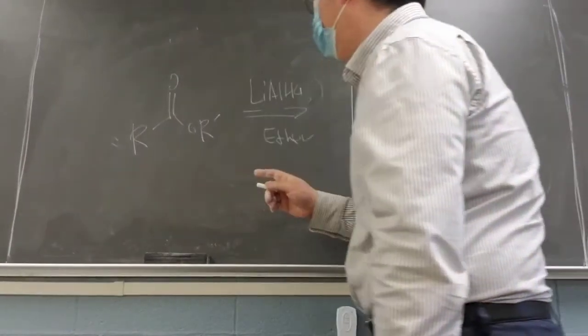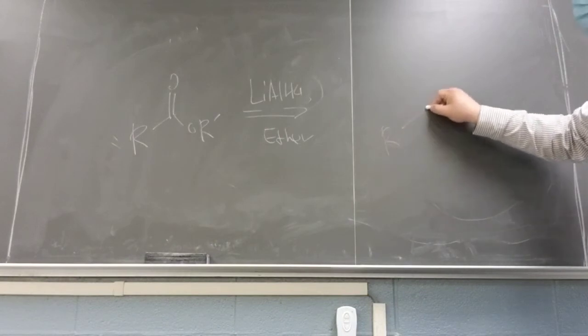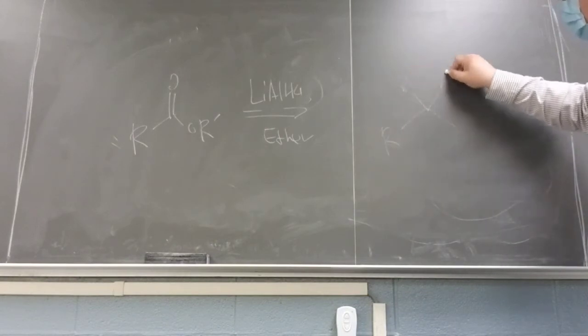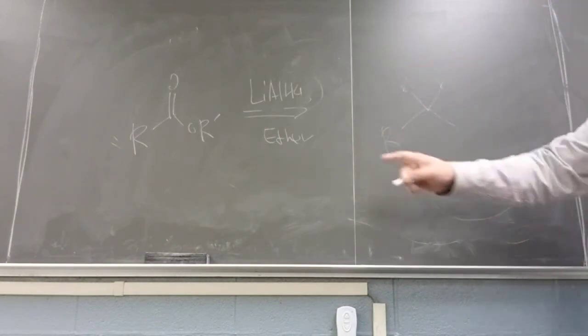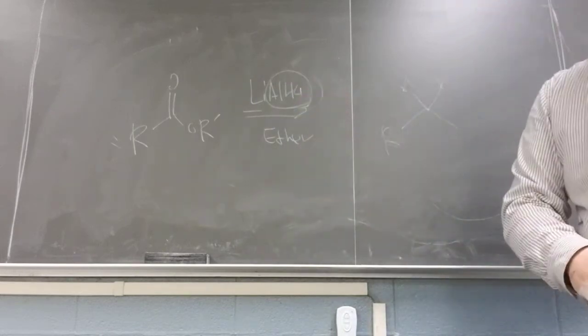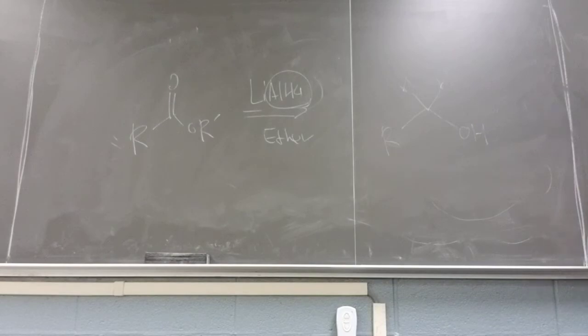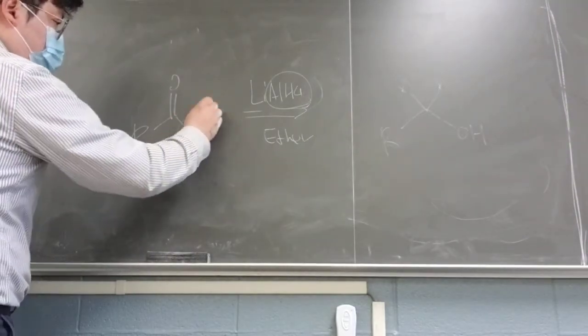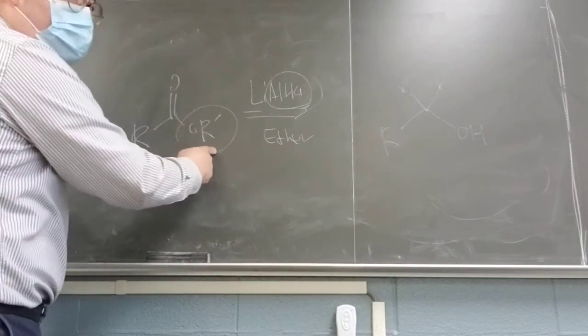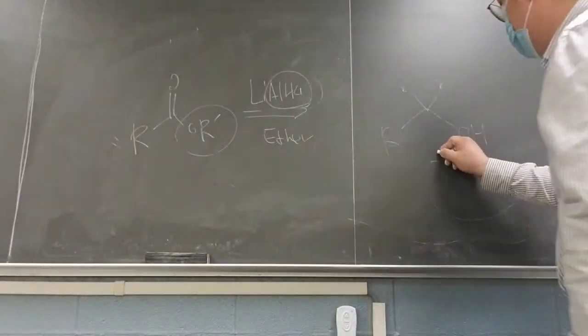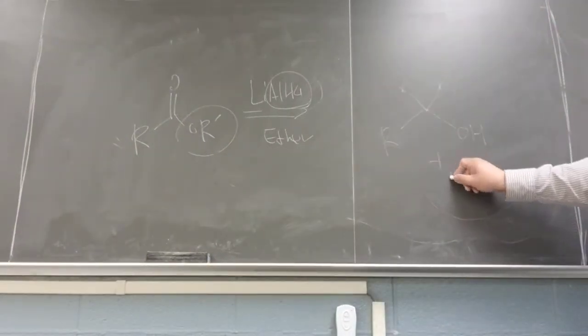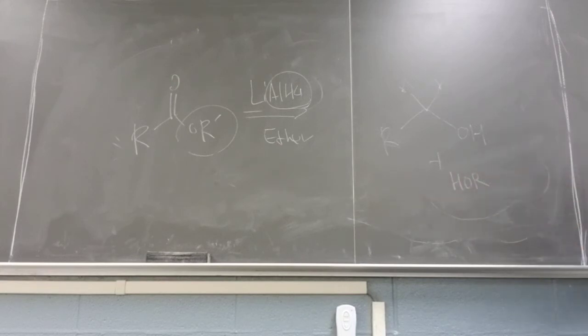You're going to have those two hydrides added on from this lithium aluminum hydride, and also you're going to have alcohol, which is similar to what we had for acid halide, but once again this is a different group. So you're also going to have another product, which is HOR, which is also alcohol.